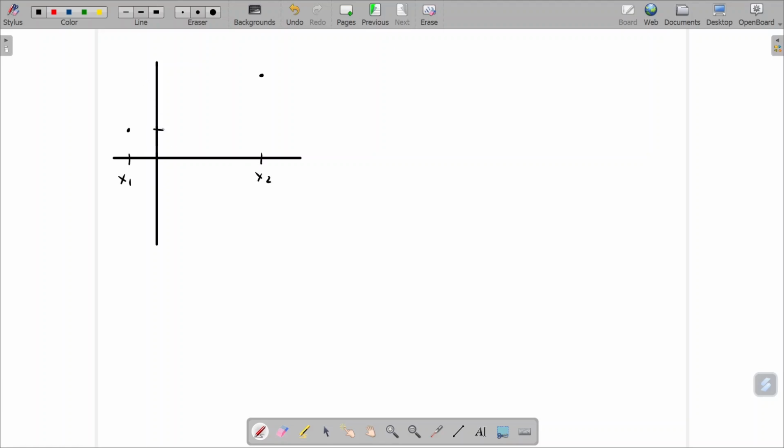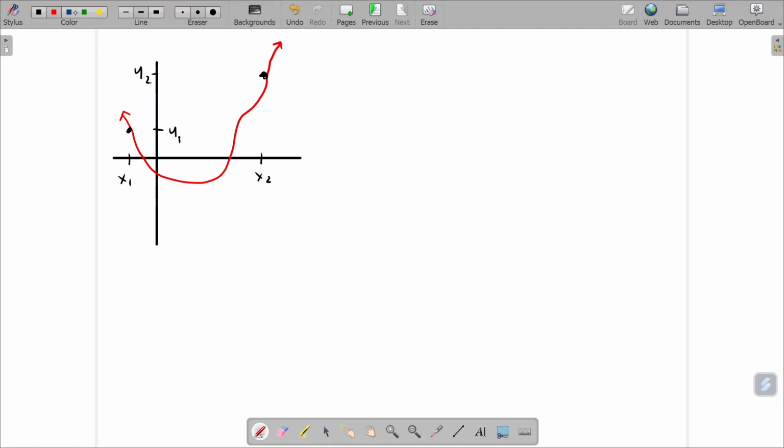Then this point here would be y1 and this point over here would be y2. You can see hopefully that those things are in line. And for want of a better description, I'm going to have this function do something like that. It's not massively well drawn, I apologize for that, but I have a function that's doing something along those lines. Hopefully what you can see is that the gradient keeps changing.